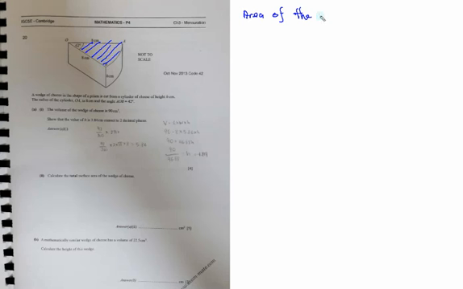Okay. Now, area of the sector using the formula half AB sine C, which is the angle.